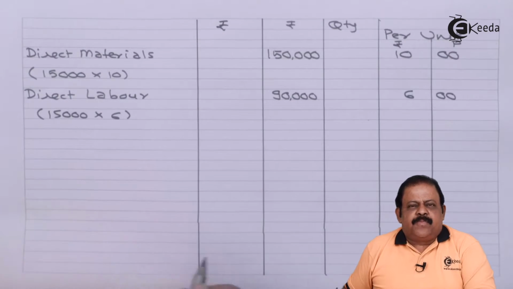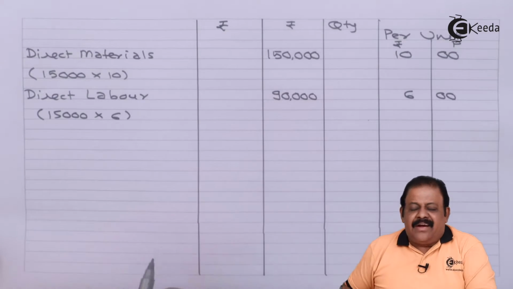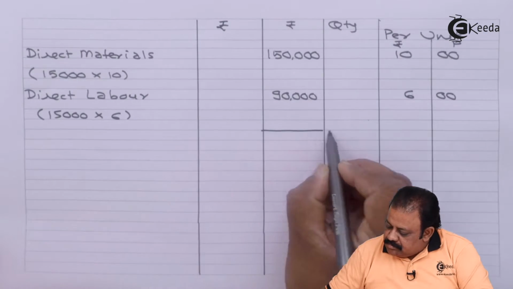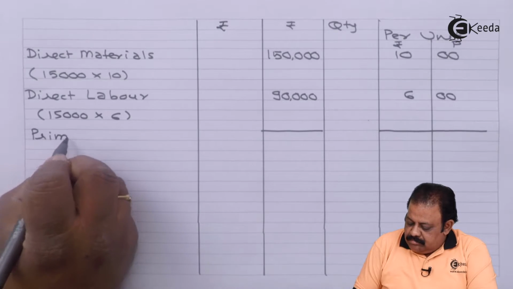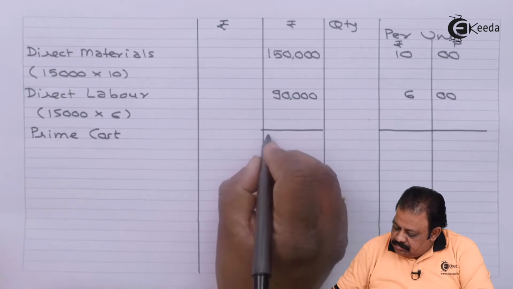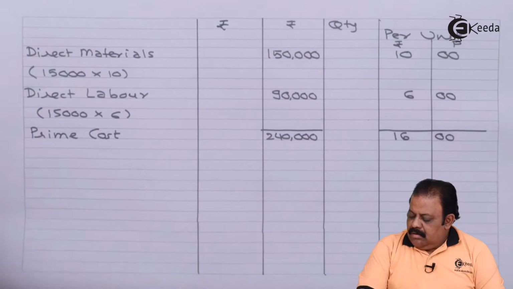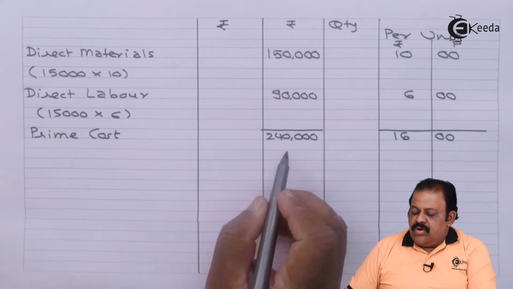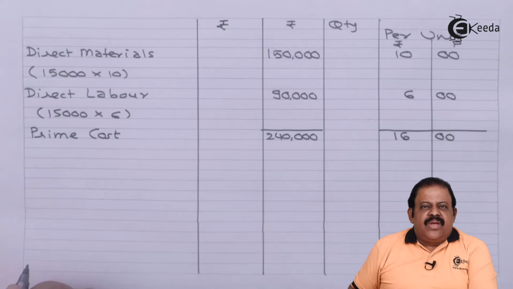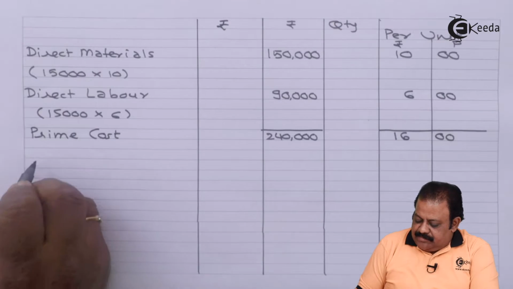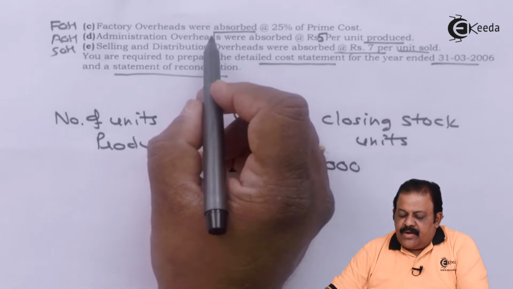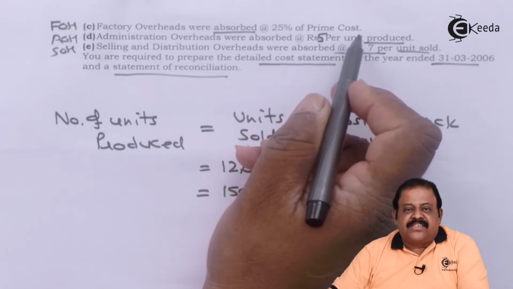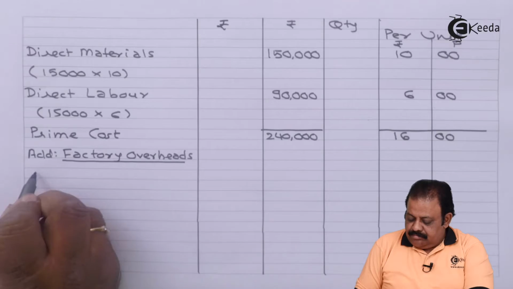There are no direct expenses, so we can add direct material and direct labor to arrive at prime cost. Per unit prime cost is rupees 16. In total it is 2,40,000. To this we are going to add factory overheads. Factory overheads were absorbed at the rate of 25% of prime cost.